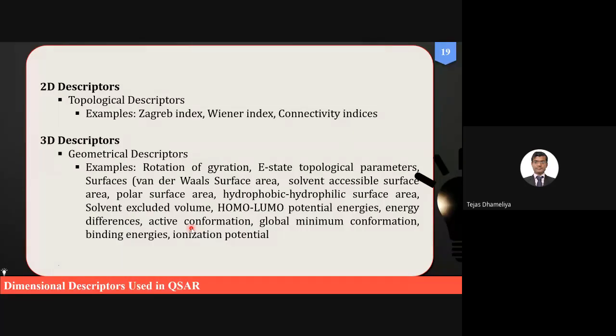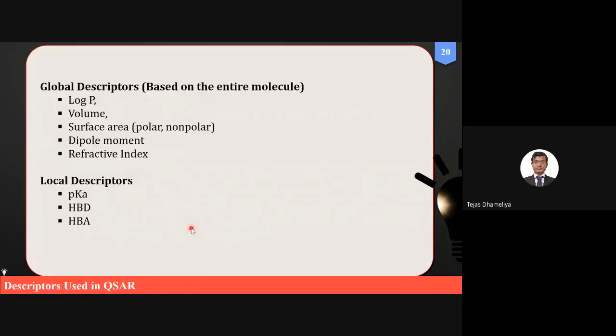We will see that in the class also, the different kinds of conformations. And other parameters are there, such as ionization. I am discussing only those parameters which you have visited previously.